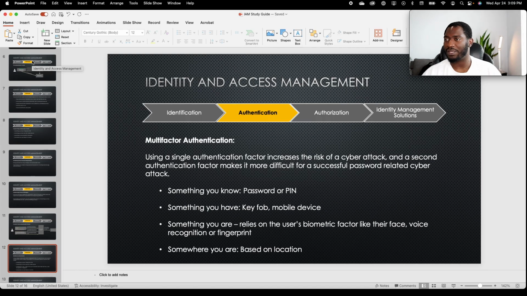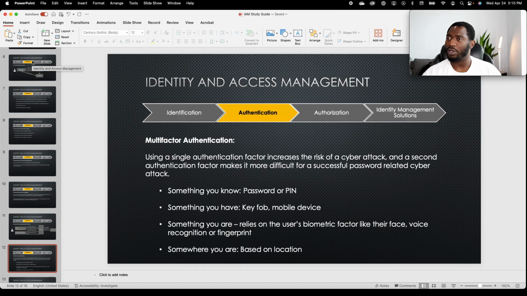There's a resource that we want to keep secure and we want to ensure that only those who are approved or have been authenticated can access this resource. And as we discussed earlier, there are 4 buckets of these types of authentication factors. You have the something you know, which is a password or a PIN. You have the something you have, which is a key fob, a mobile device, or a smart card. Something you are, which relies solely on your biometric factor, like your face, your voice, or your fingerprint.